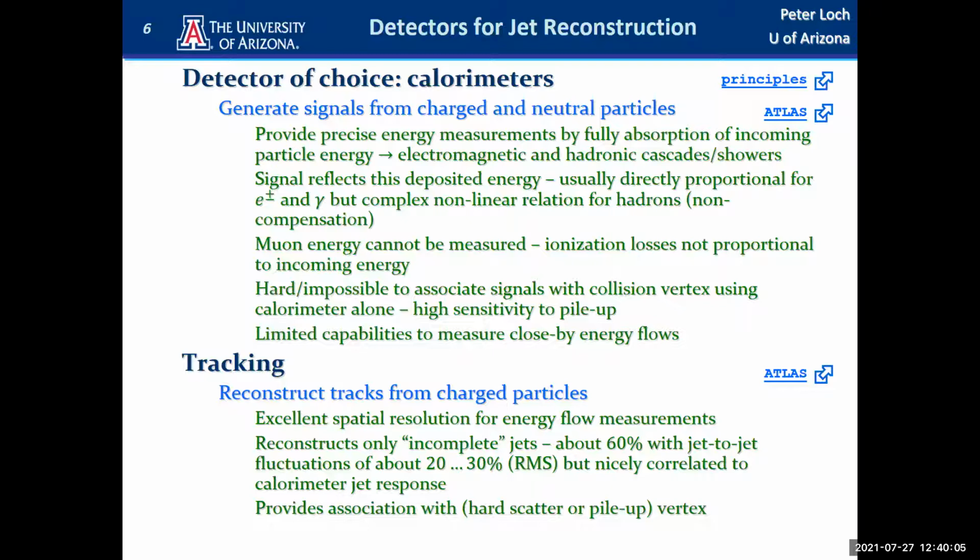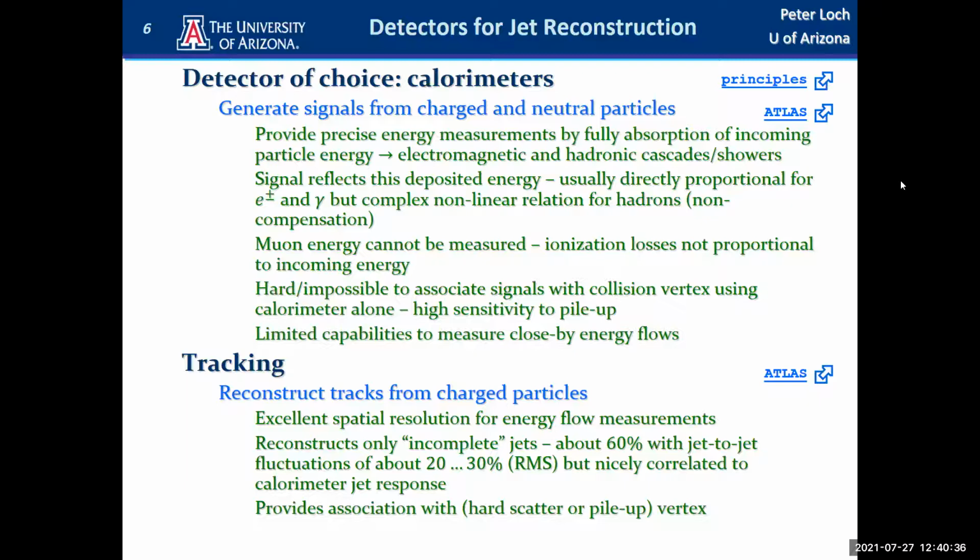because calorimeters don't just hang in the air. They're surrounded by materials that absorb energy before the particles reach the calorimeter, including the inner detectors, the tracking detectors. And there's also the effect of leakage. Some, especially hadrons, can leak energy out behind the calorimeter.